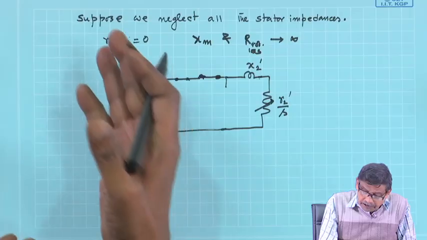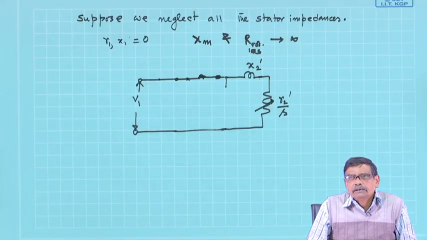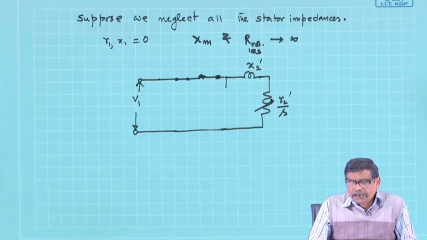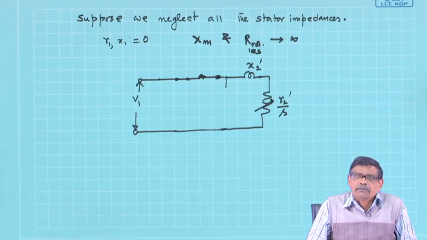Now, under this particular assumption, which people prefer sometimes to have quickly the performance idea of the induction motor. Small r1, x1 will be small, you see that they are small at the design level.